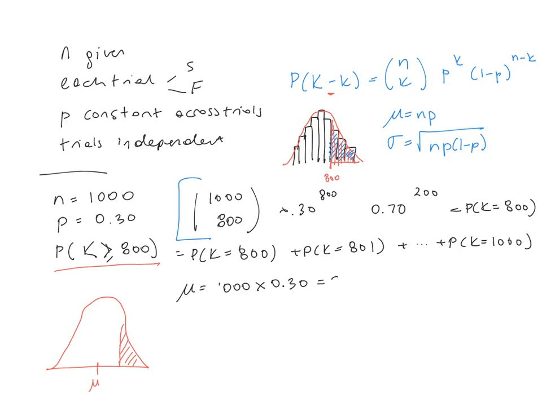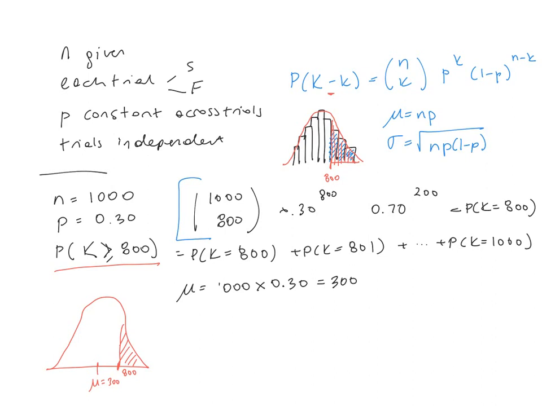So that comes out to 300, right? So mu for this distribution is equal to 300. Okay? And the observation at which we are drawing our cutoff is 800.